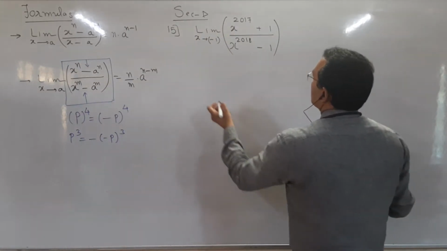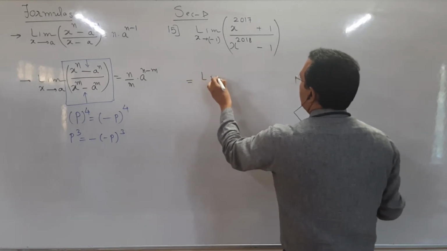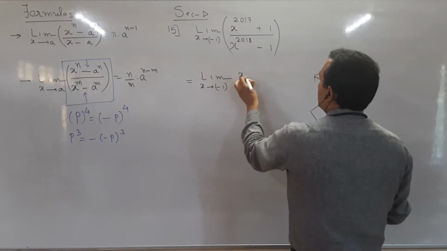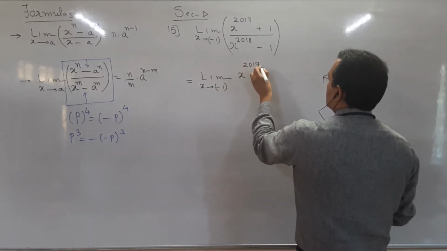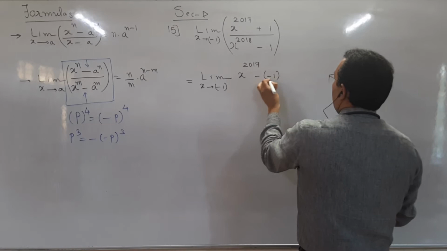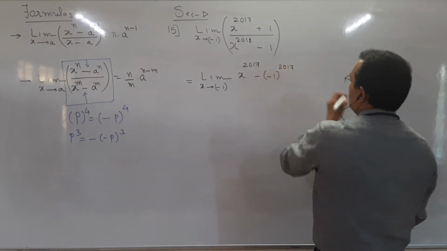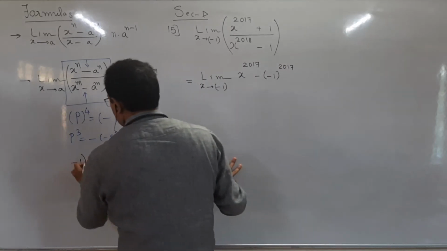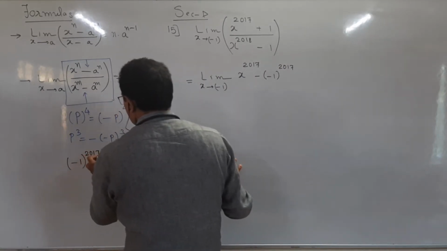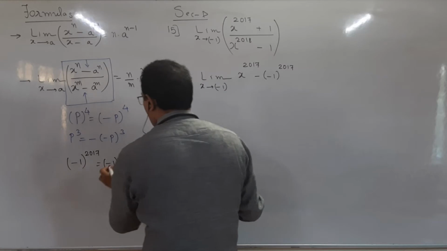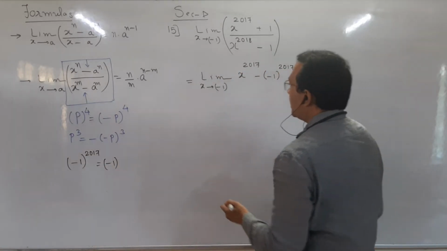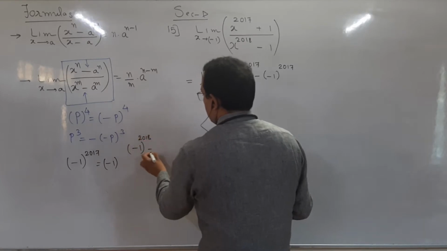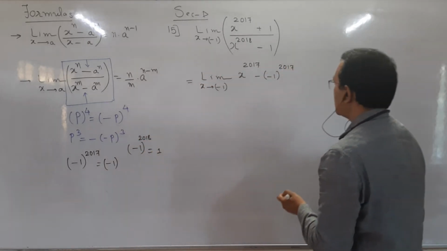Now, we write this as limit x tends to minus 1, x raised to 2070 minus 1 raised to 2017 will be minus 1, because 2017 is an odd value, and minus 1 raised to 2018 will be plus 1.